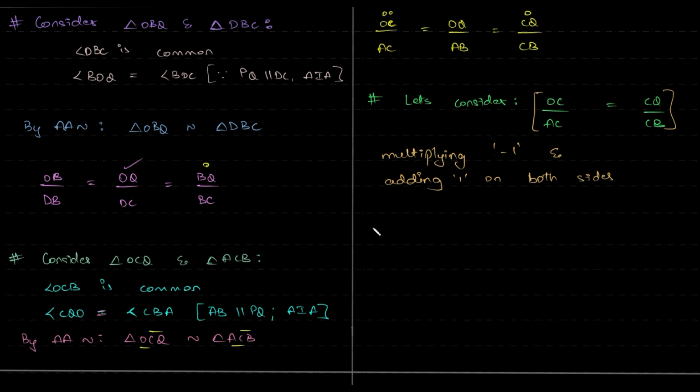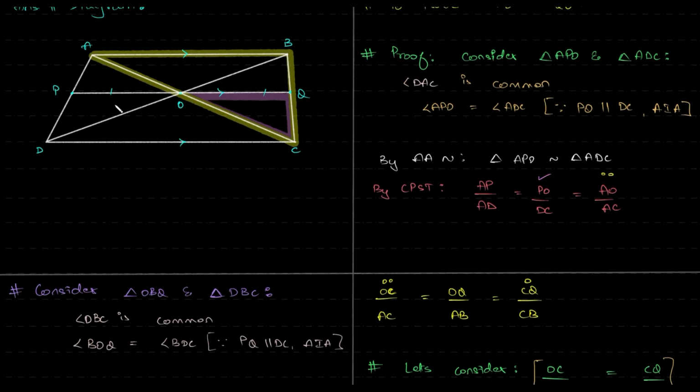So we have 1 minus OC by AC is equal to 1 minus CQ by CB. Now if I take the LCM and all of that, it will be AC minus OC by AC, which is equal to CB minus CQ by CB. So this would be what? AC minus OC.